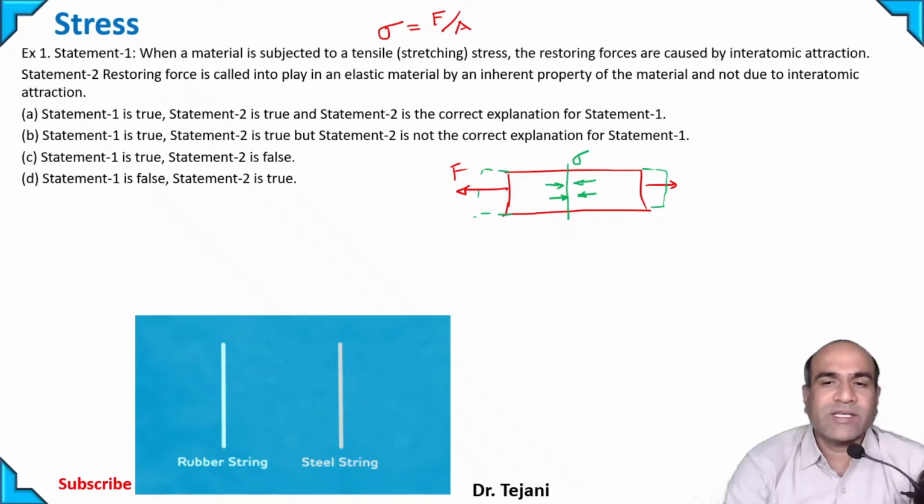We know that this is known as sigma, or tensile stress or compressive stress, which also refers to the material's capacity. So here, in tensile stress, the restoring forces are caused by interatomic reaction. We have not studied this part yet, but let me explain.